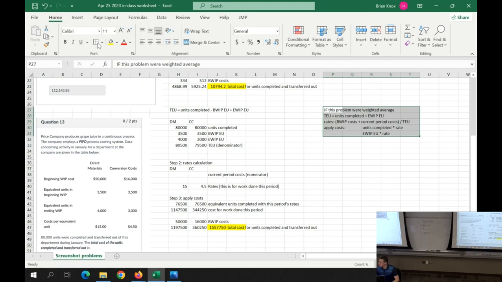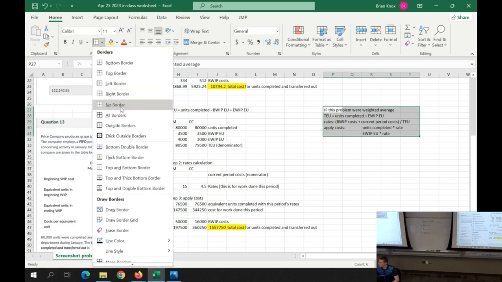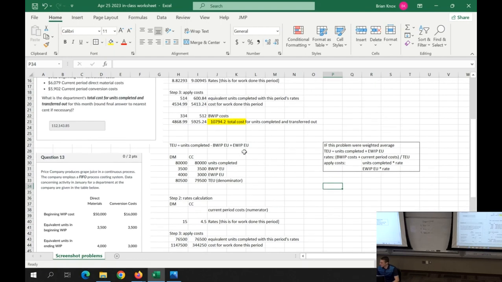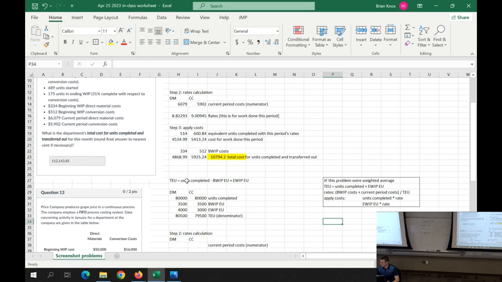Is the phrase "completed and transferred out" the same as just "units completed," or is that different? It's the same. I'm a little inconsistent about when I use one or the other. I very commonly use just "units completed" when I'm talking about TEU because it's there in the equation.